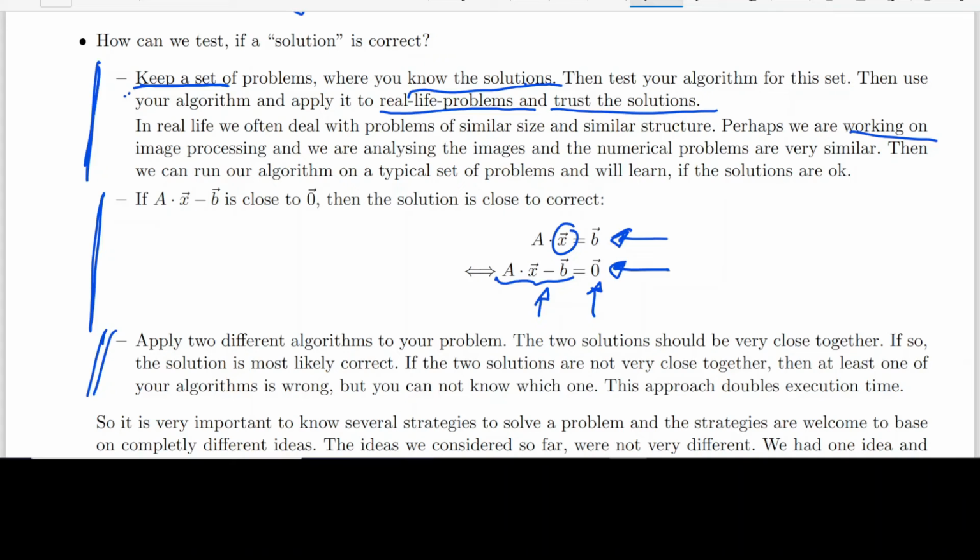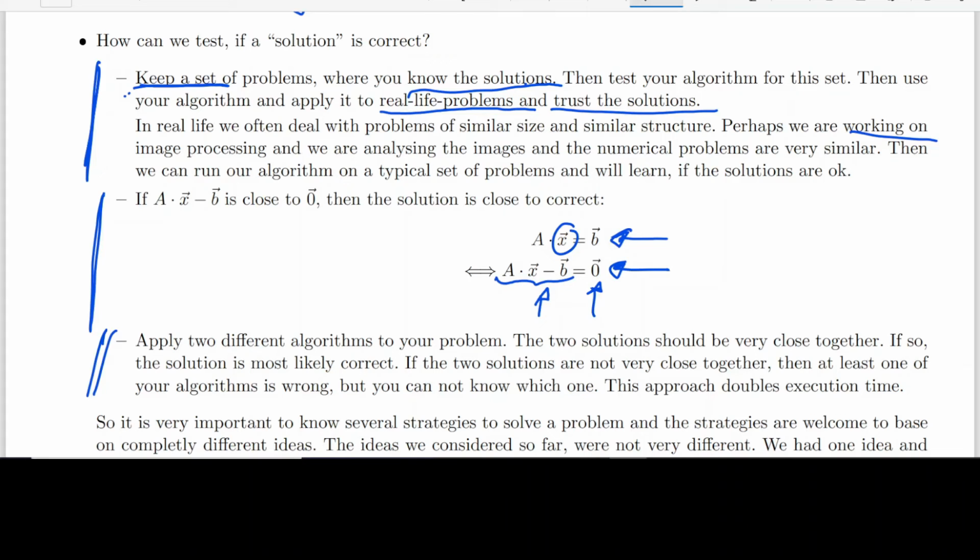Sometimes a distance of 1 is not very much if the entries are between 1 million and 1000 millions, and next time a deviation of 1 is very much. But if they are close together, then we can be pretty sure that these two solutions are correct.